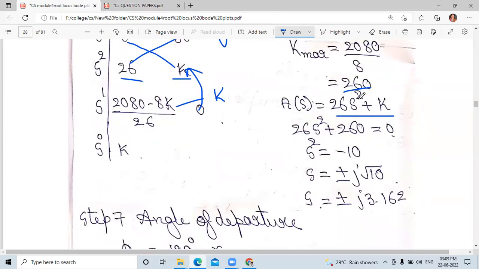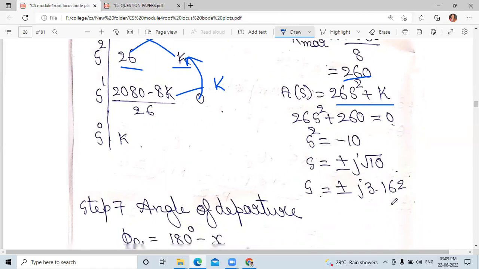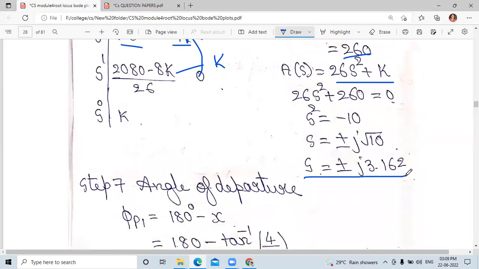We know the value of k here, so substitute 260. So s square equals minus 260 divided by 26, which gives minus 10. So s equals plus or minus j square root of 10, that is plus or minus j3.162. This is the intersection with the imaginary axis.